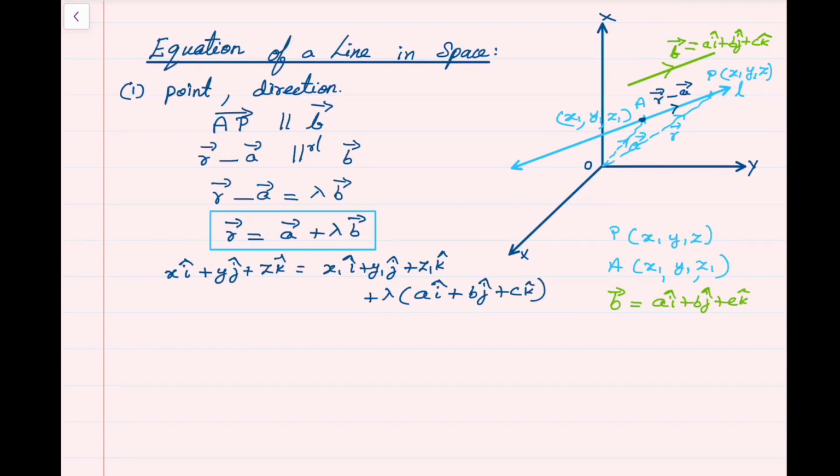Let us equate the i, j, k components. x is x1 plus lambda times a, and y is y1 plus lambda times b, and z is z1 plus lambda times c. And these are called parametric equations of a line.